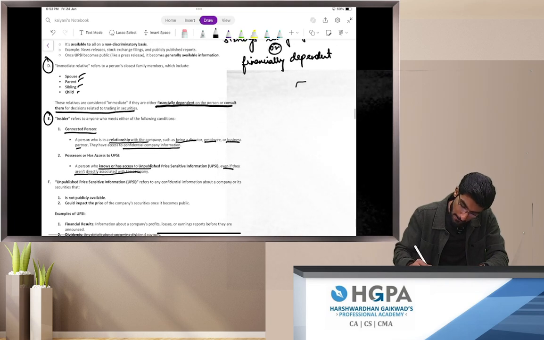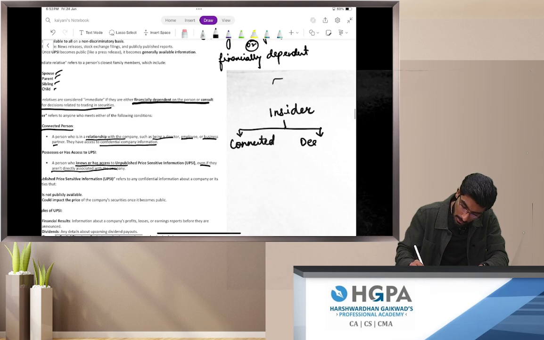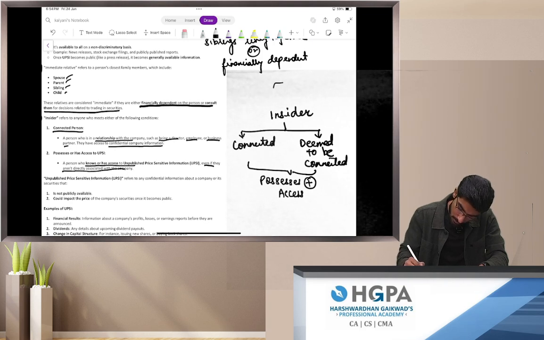So people, insider means a connected or deemed to be connected person who possesses plus access to UPSI.